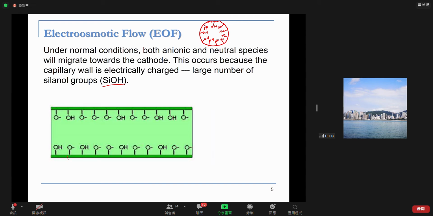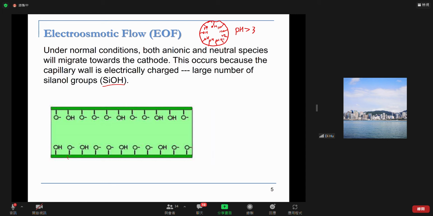What happens is, when a buffer solution is placed inside this capillary, and the pH of the buffer solution is higher than 3, the silanol groups start to get ionized. They start to lose the hydronium ion and become negatively charged.